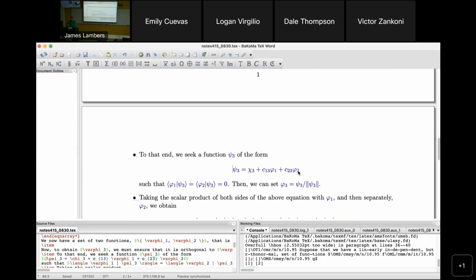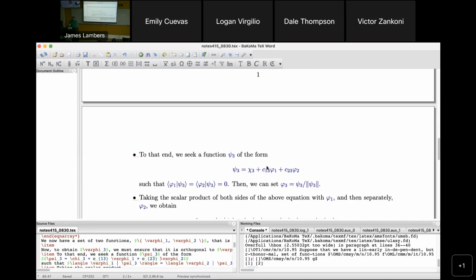So the idea, similar to how I got phi2, is that I'm going to require that the scalar products of psi3 with phi1 and phi2 both are 0. Since I have two conditions to satisfy, that's why I need these two unknown constants. One of them will not be enough.